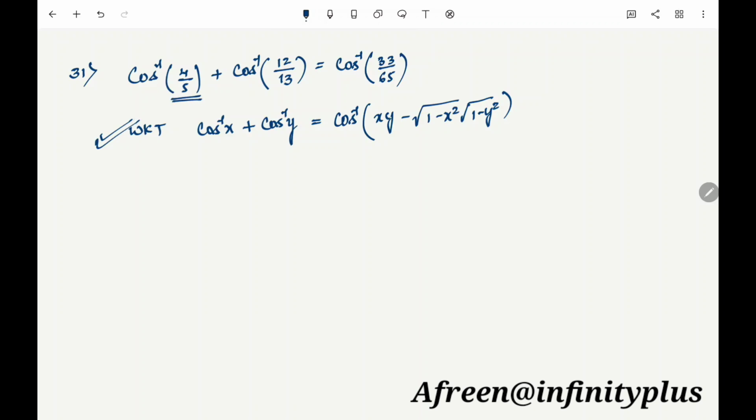So in place of x we have 4 by 5 and in place of y we have 12 by 13. Now substitute x and y in this formula.